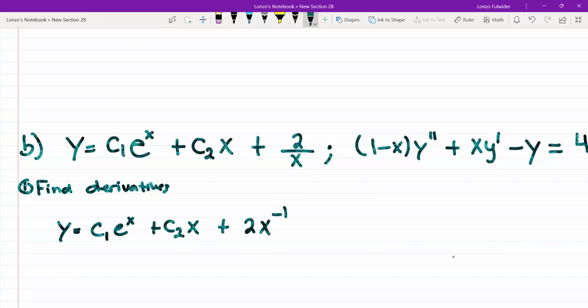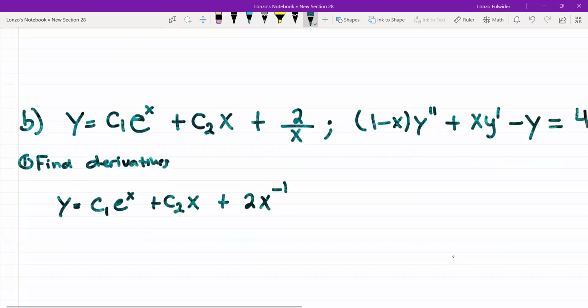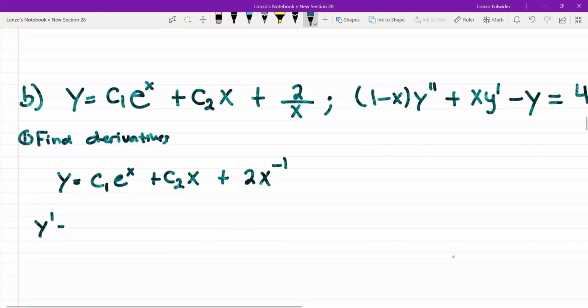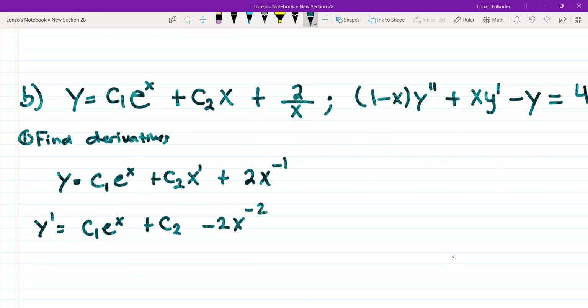So what I need is the first derivative and second derivative. So let's find the first derivative. The derivative of c1 e to the x is c1 e to the x. The derivative of c2x is just c2. The derivative of 2x to the negative 1 is negative 2x to the negative 2.